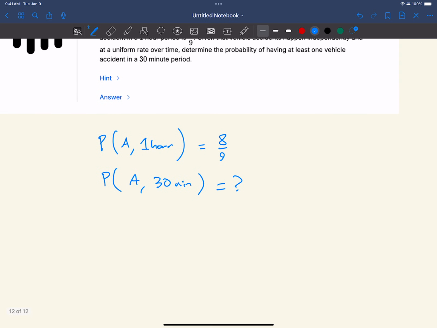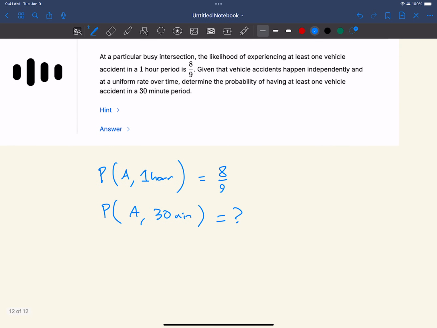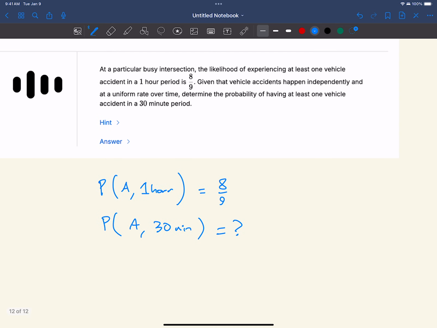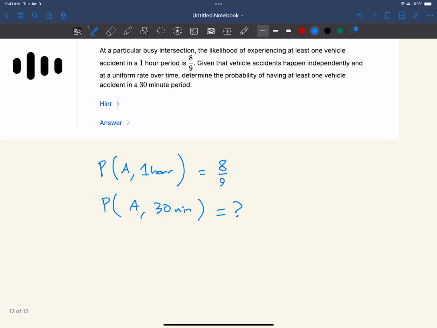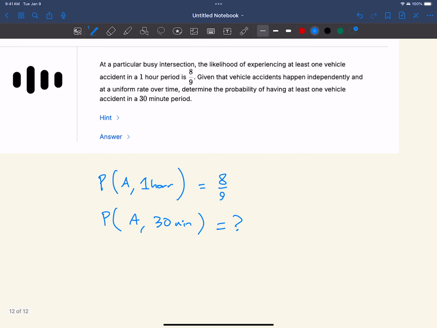But the best way to go about this is to think about how probabilities over shorter periods of time, over 30 minutes, relate to probabilities over an hour. And so we want to find the probability of having at least one vehicle accident. And what that normally means in probability is that we need to find the probability of having one accident plus the probability of having two accidents plus the probability of three accidents.